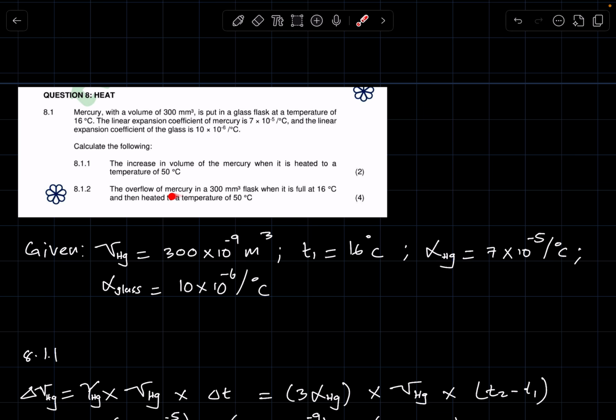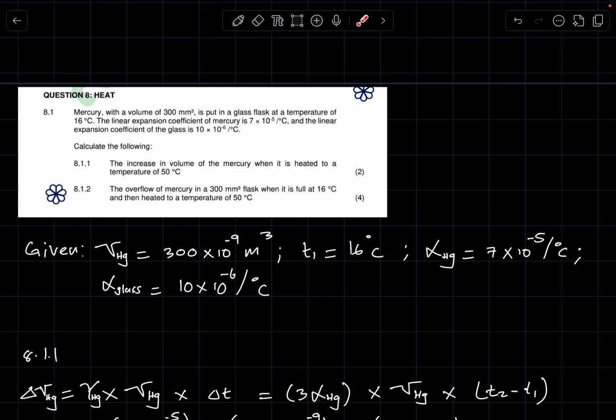Now in this scenario, we are told to calculate the overflow, the spillage of mercury. If the volume of mercury is 300 and the capacity of the flask is also 300, it means the flask was full before heat was introduced, before it gained energy, before the temperature increased.